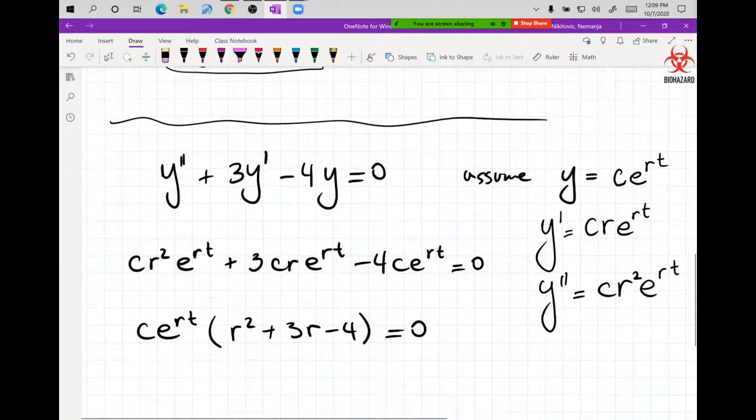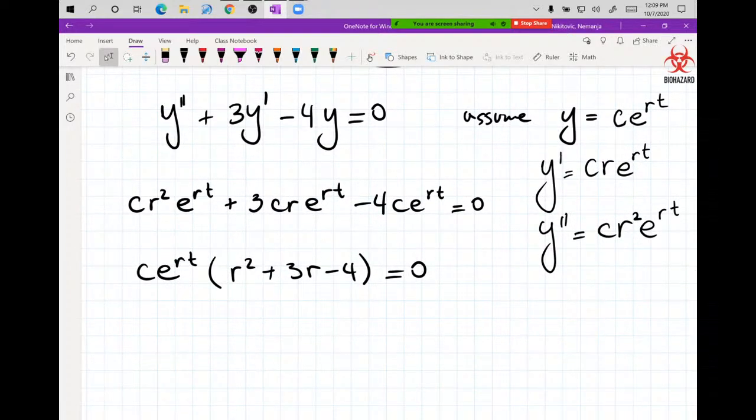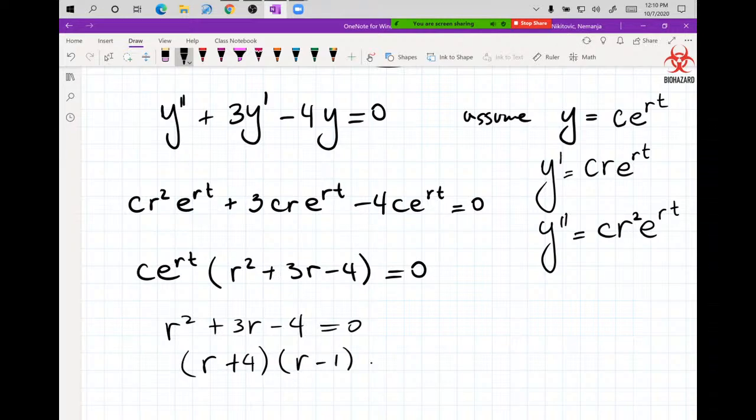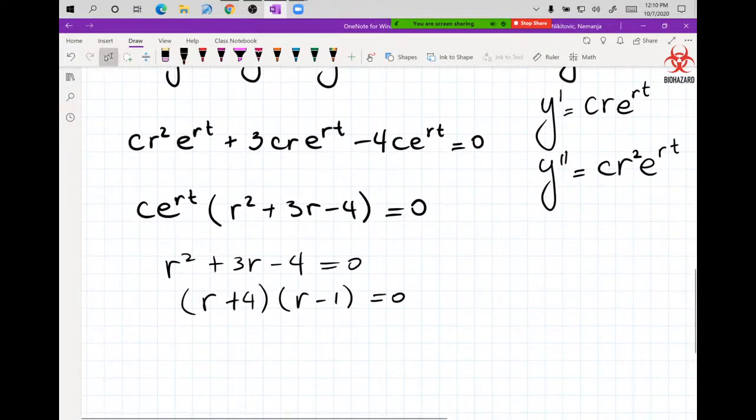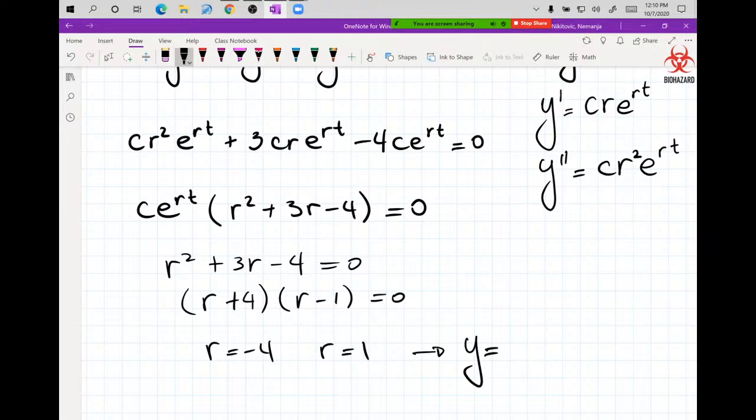All right, so now we can quickly solve this problem because my characteristic equation is just this, and it's something that's easy to factor. R plus 4, R minus 1, and that gives me R is negative 4, R is positive 1, and that immediately tells me that the solution is C1 e to the negative 4t plus C2 e to the t.